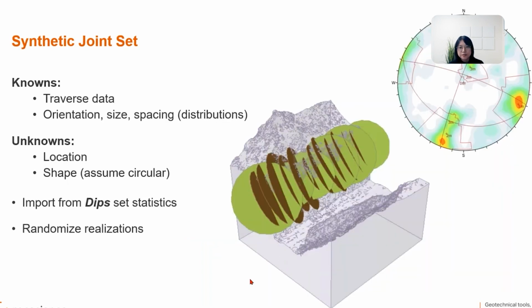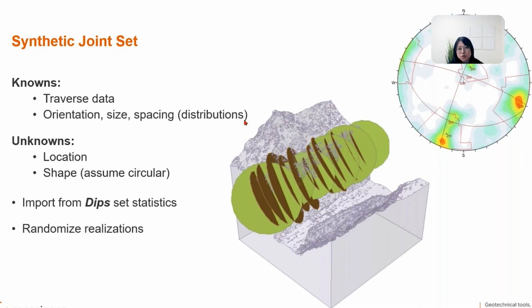The second method for defining joints is using synthetic joint sets. So here, you may not have as much data. You may have a couple of traverses, in which case you can then bring the traverse data into Dips, define the joint sets to analyze the set statistics for the distributions and orientation, size, and spacing of the joints.